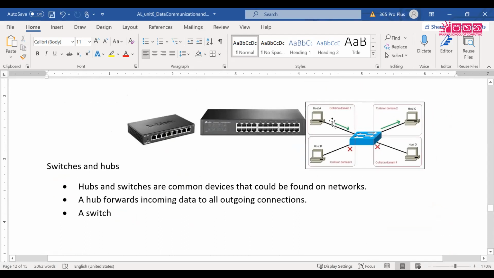So when you get the incoming connection from, in this case, computer A, it will send it to computer C. It won't go in the other directions. But in a hub, for example, if this was a hub, then when you get it, it might forward it to all the computers. So switches are more intelligent.